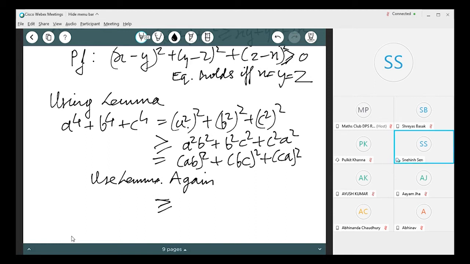And then again using the lemma, what do we have over here? ab times bc plus bc times ca plus ca times ab.